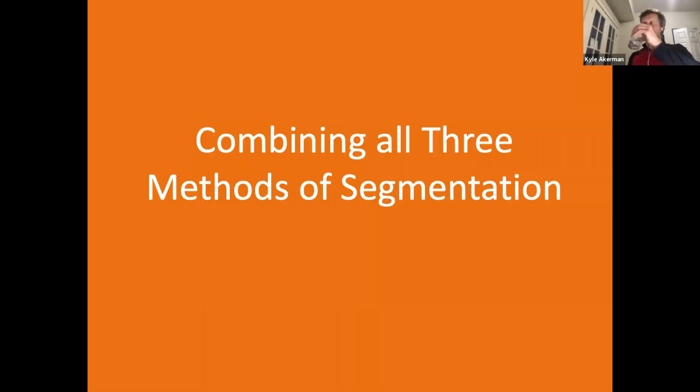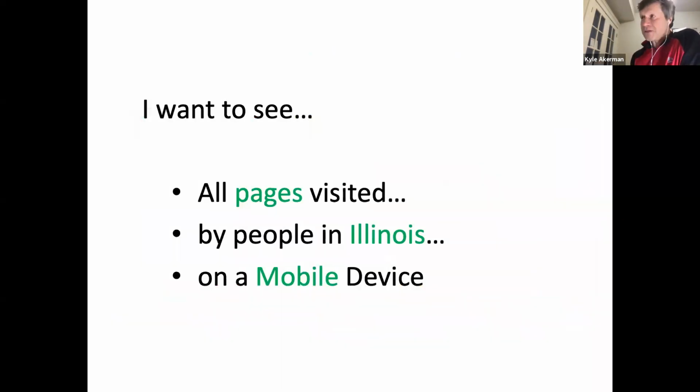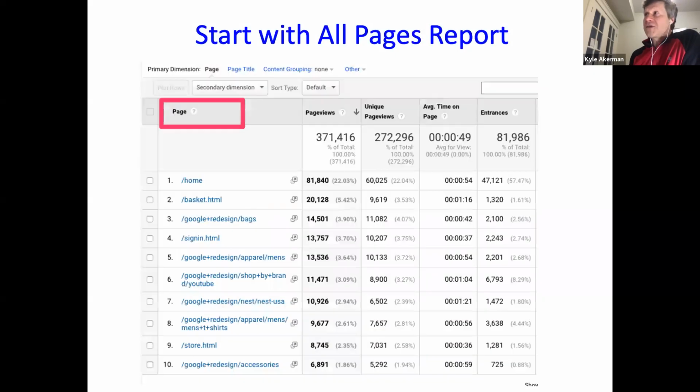You can combine all of these different methods. And I'll show you an example of doing that. So say I want to see all pages visited by people that are just in Illinois and that are on their mobile device. So the way I would build this is I go into my all pages report.